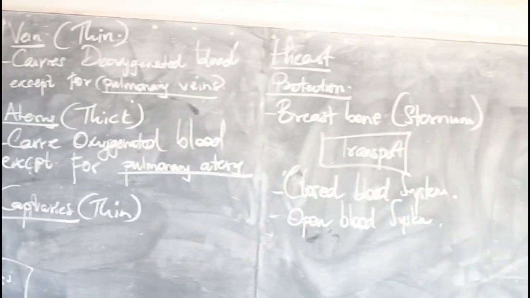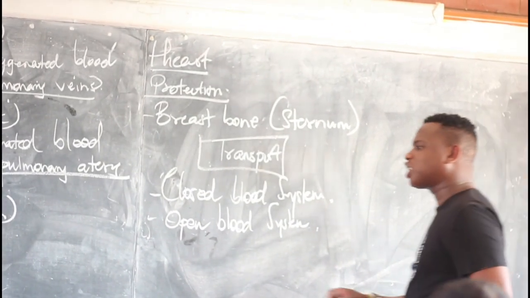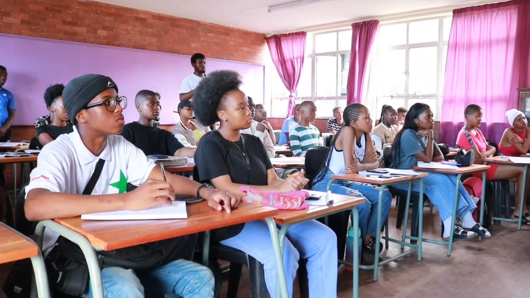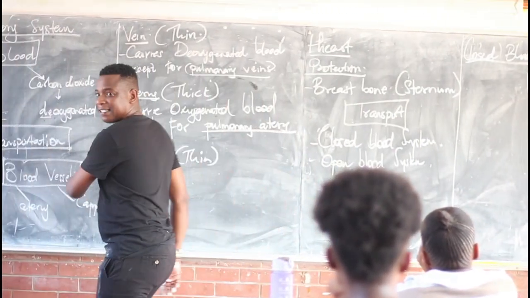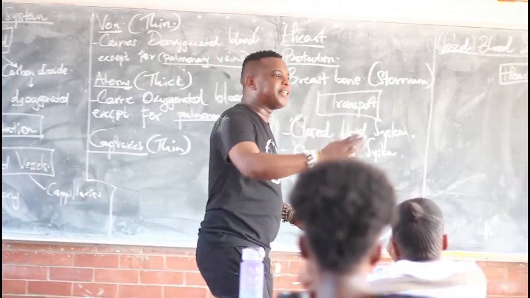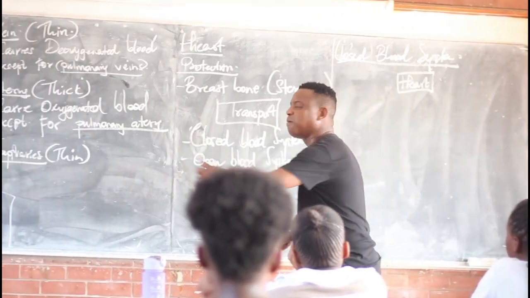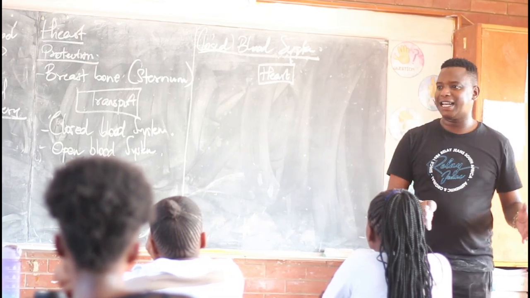Closed means that this blood is not going to leave the blood vessels. There is no case whereby this blood is going to be moving out of the blood vessels. Do you guys understand that?